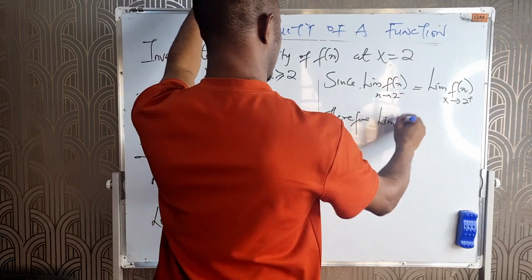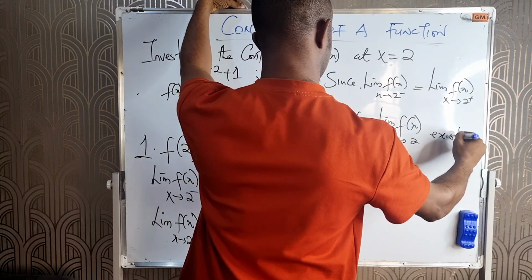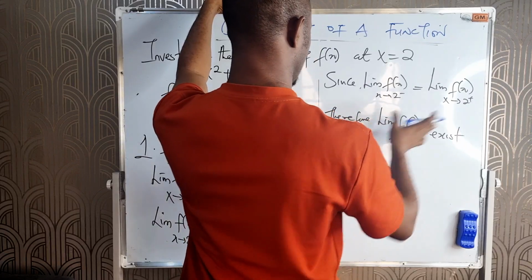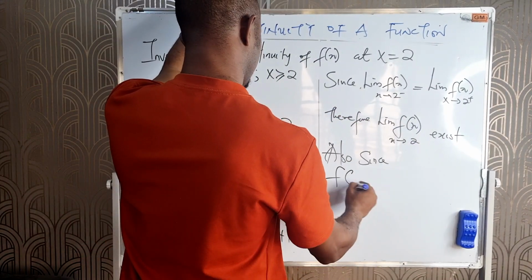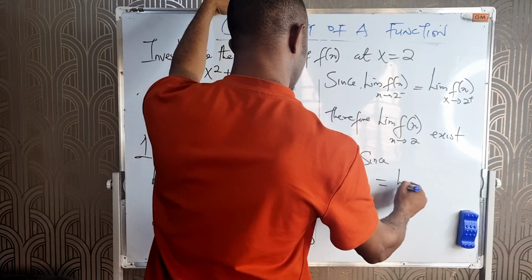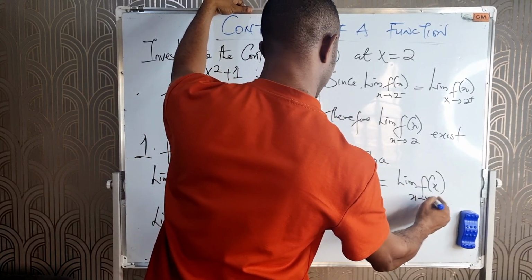Therefore, the limit of f of x as x approaches 2 exists and is equal to 5.